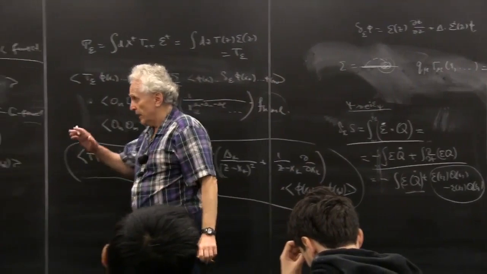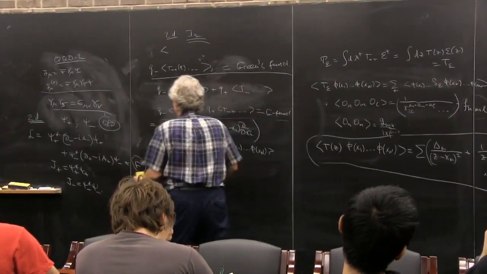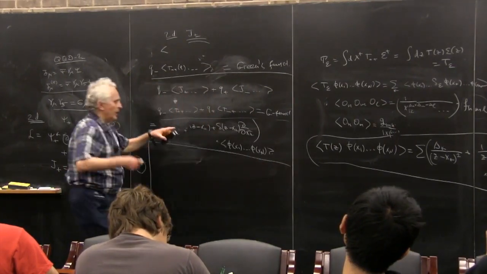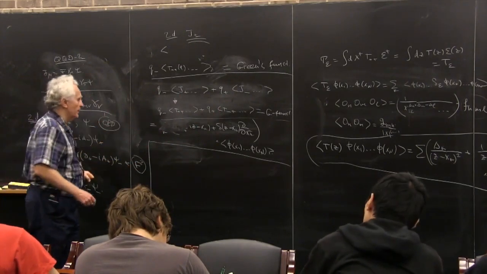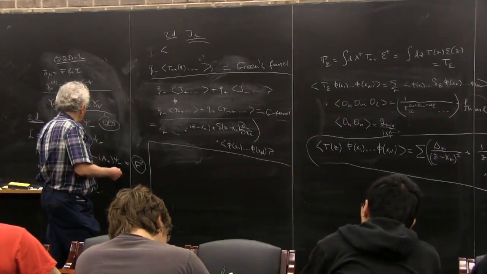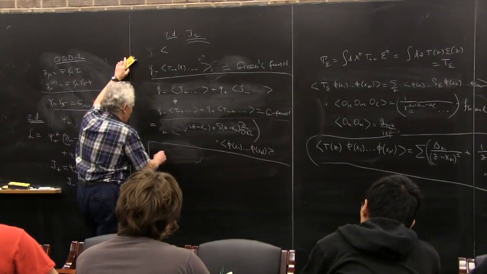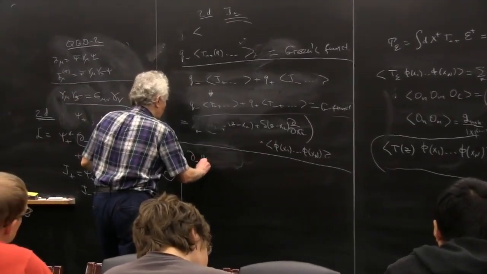Let me now, it will be instructive to see how it works in the Thirring model, because it will be directly transformed into conformal field theory. So in the Thirring model, we can write down the equations of motion in this way.